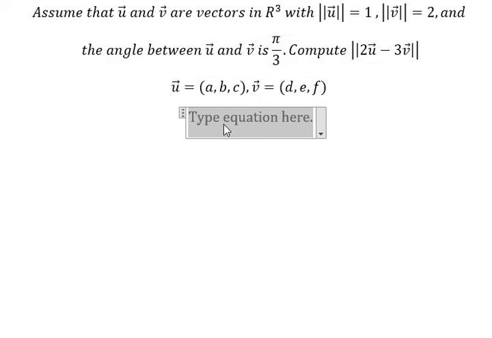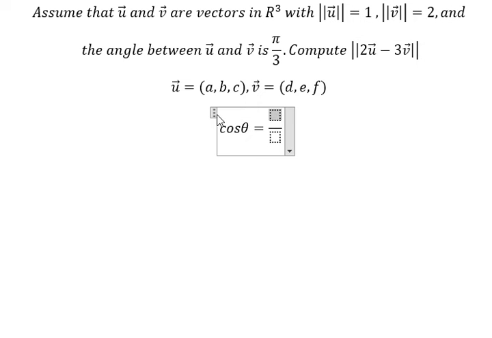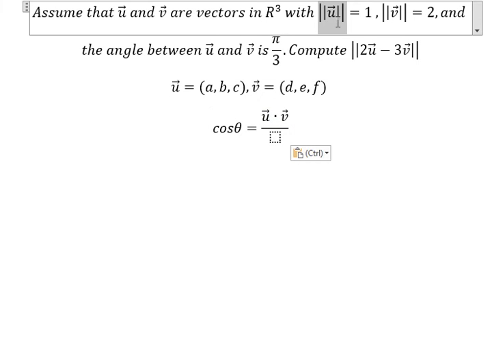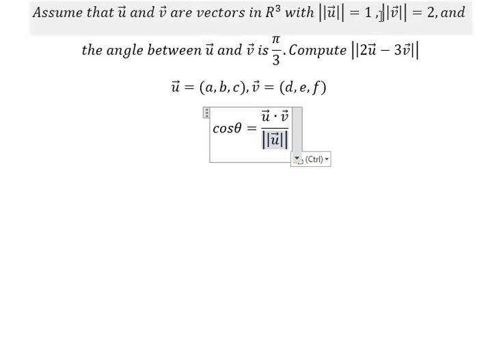So we have cosine theta equals vector u dot product with vector v, divided by the magnitude of vector u times the magnitude of vector v.